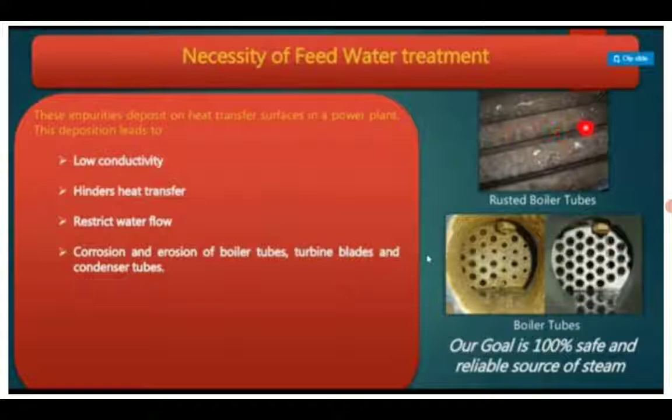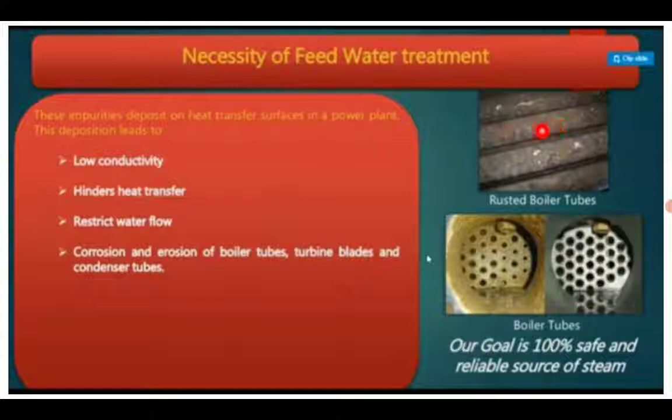While boiling the water, what happens? On this tube you can see some scaling, a black layer formed on the tube. This black layer formed on the tube is mainly due to scaling.